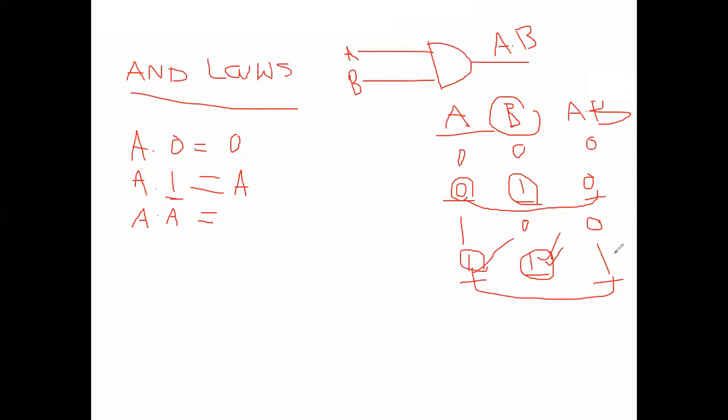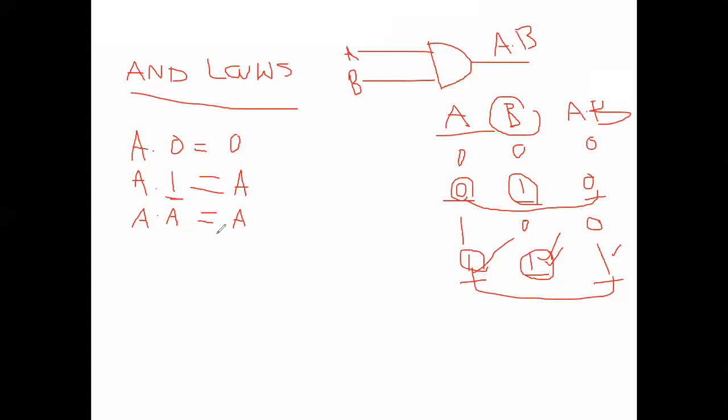Then what is the output? 1. That's why here A into A is equal to A. Remember this, not A square. This belongs to logical operations. That's why A into A equals A.